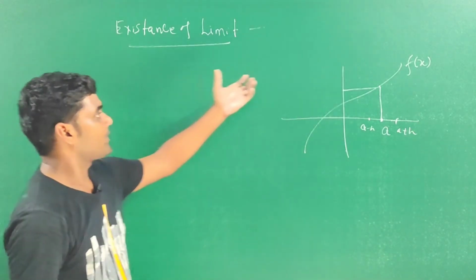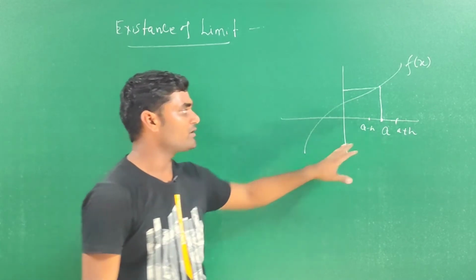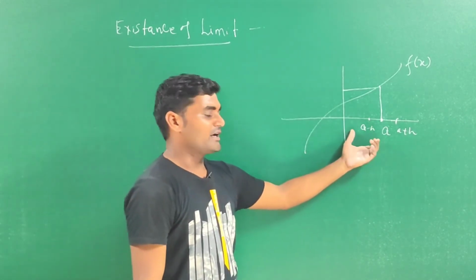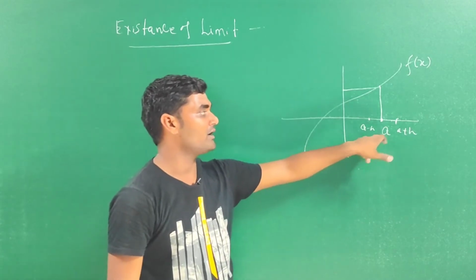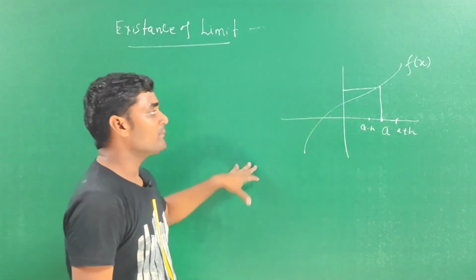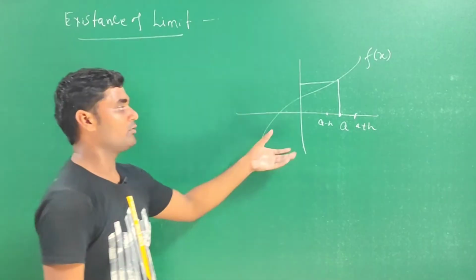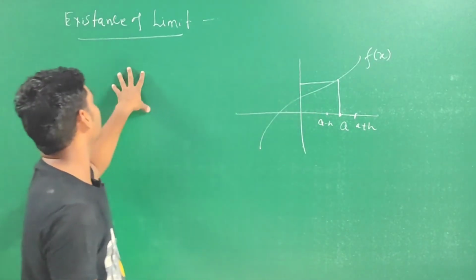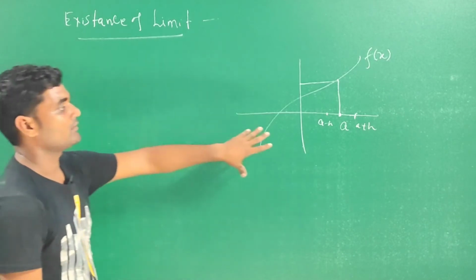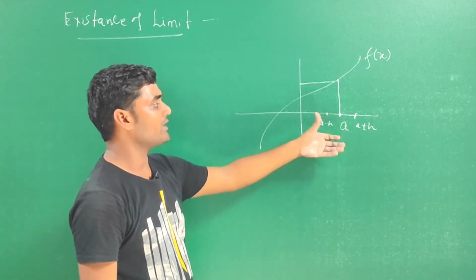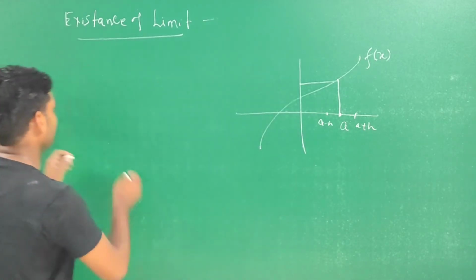For calculating the limit of the function, we have to find the left hand limit and right hand limit. If we equate the right hand limit and left hand limit, and both are equal, then we say that this limit will exist. So let's write the left hand and right hand limit.